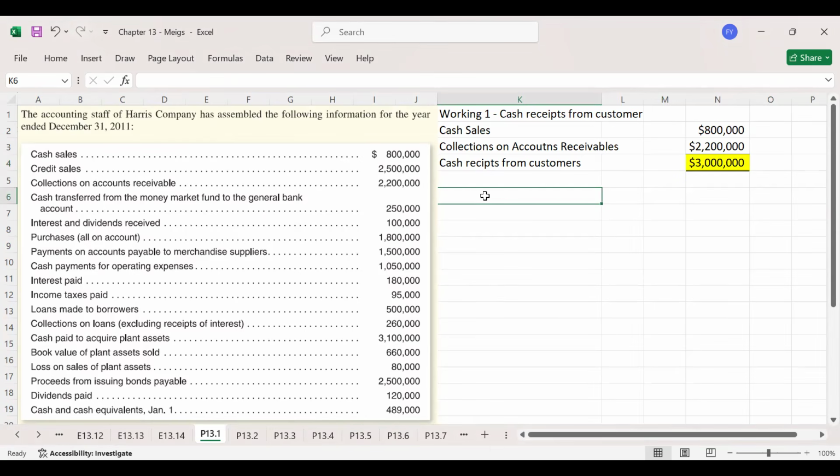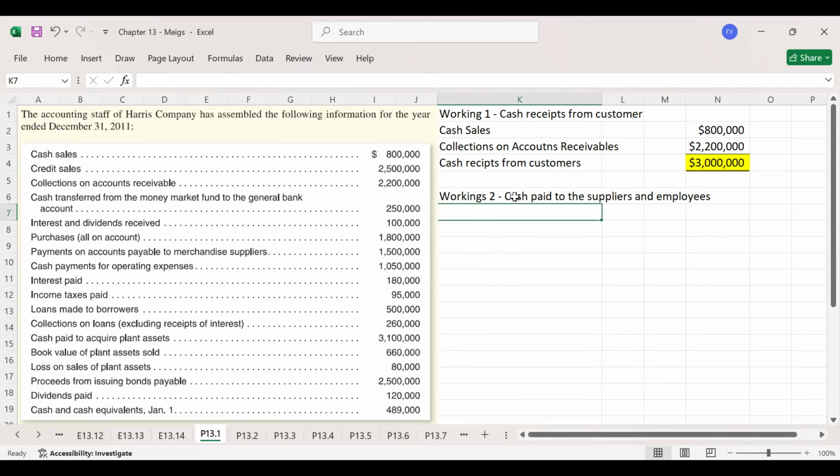The second working is related with the cash paid to the suppliers and employees. Cash paid to the suppliers for merchandise or inventories, and employees means this information is related with the salaries.